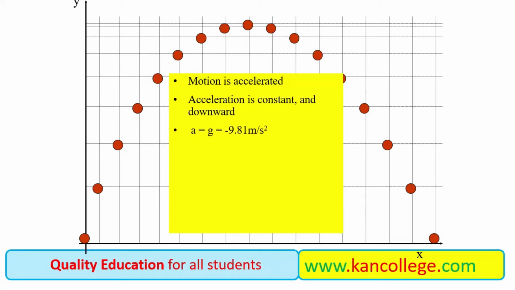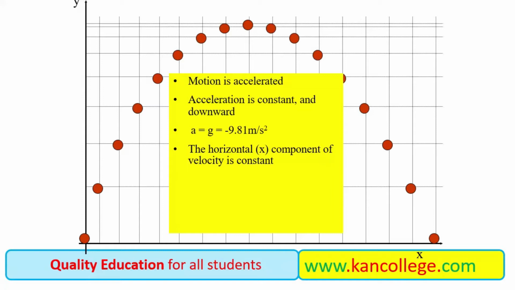It means the body is falling under the acceleration due to gravity. This acceleration is only along the vertical axis, but the horizontal component of the velocity is constant.